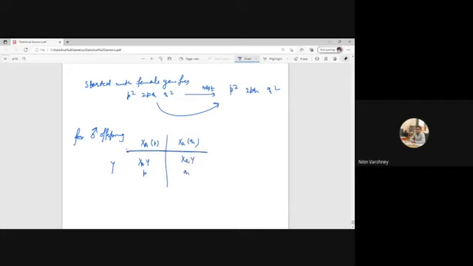So we start with p, q and we get in the next generation p, q. So only one generation is required to attain the equilibrium. Now case 2.